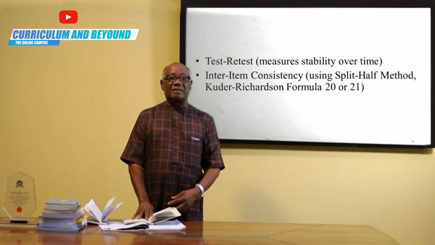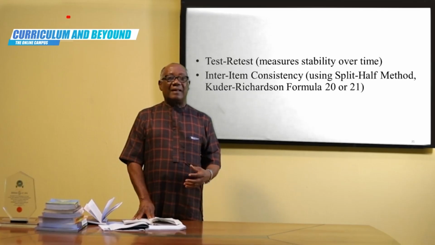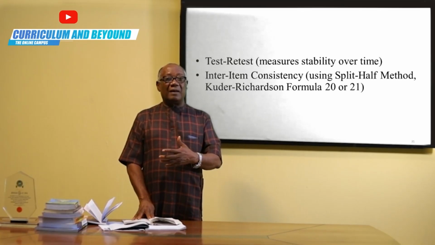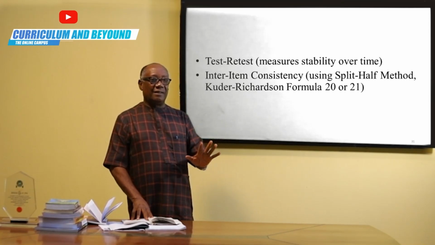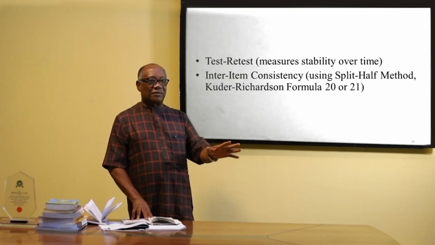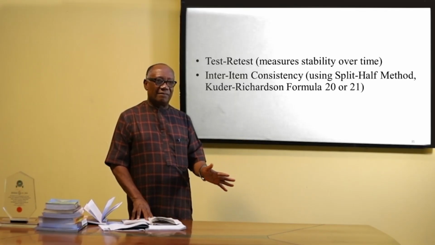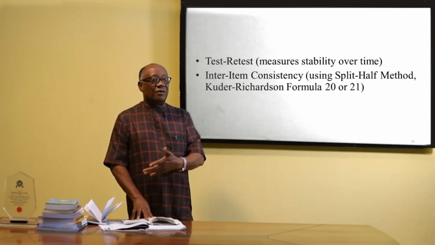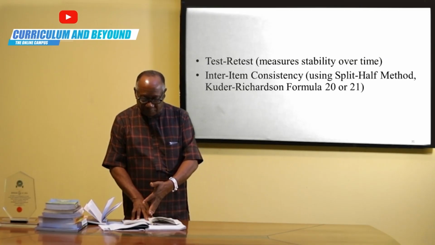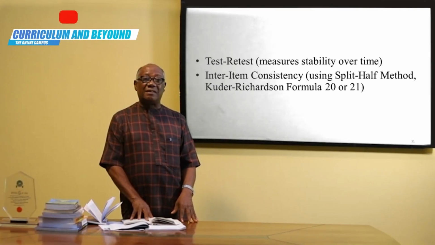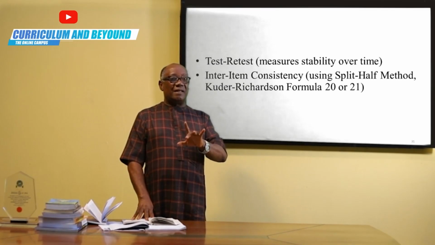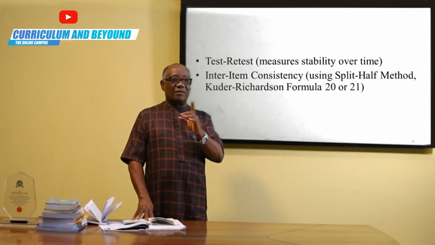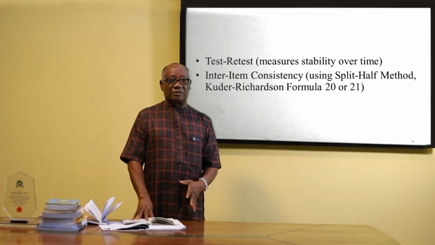Now, many of these methods I've described can be used for achievement testing. But for students in social studies, students in other aspects of psychology, such as guidance and counseling, all these methods might not be suitable. For example, when you talk about use of alternative forms of the same test, it is not easy to develop alternative forms of a test for many psychological attributes.